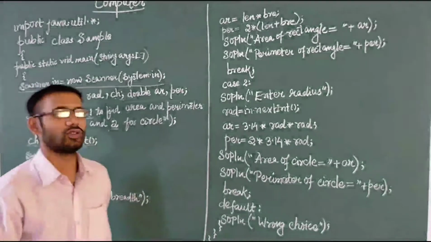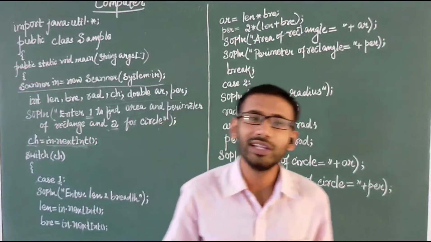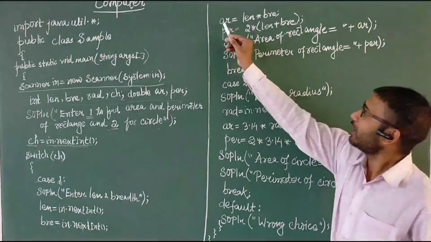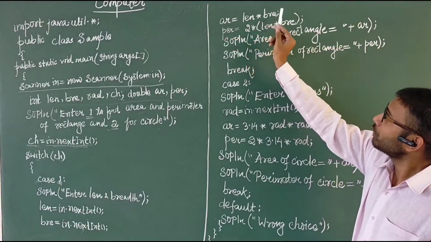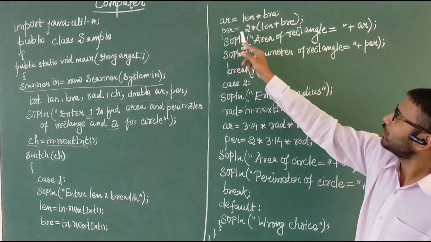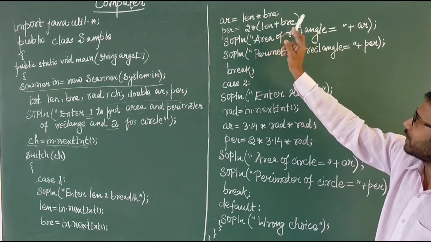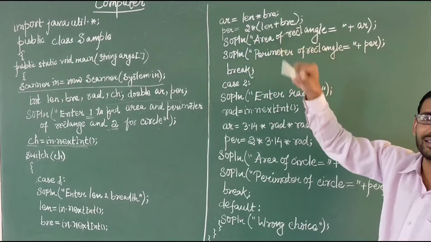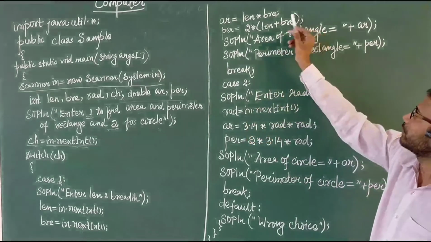So now what to do? Now we need to find the area and perimeter. Now ar is equal to length into breadth, bre. Here per is equal to 2 into (length plus breadth). This length symbolizes length and bre symbolizes breadth. Clear? After that, the terminating symbol.